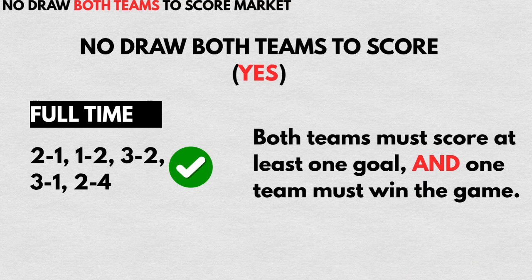Now, if you pick yes for the no draw both teams to score, what you're basically saying is that you don't want a draw in that match. That means either the home or the away team is going to win, and the yes means both teams are going to score.